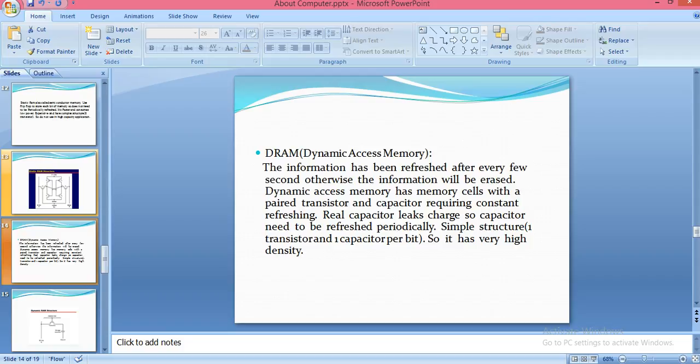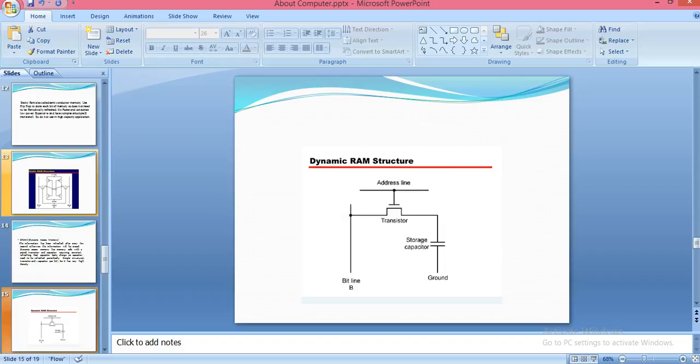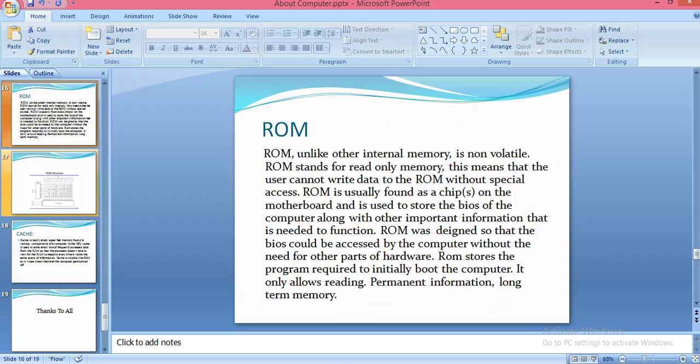Real capacitors leak charge, so the capacitor needs to be refreshed periodically. It has a simple structure, one transistor and one capacitor per bit, so it has very high density. Here is the dynamic RAM structure. Dynamic RAM is structured by address line, transistor, storage capacitor, ground, and bit line.